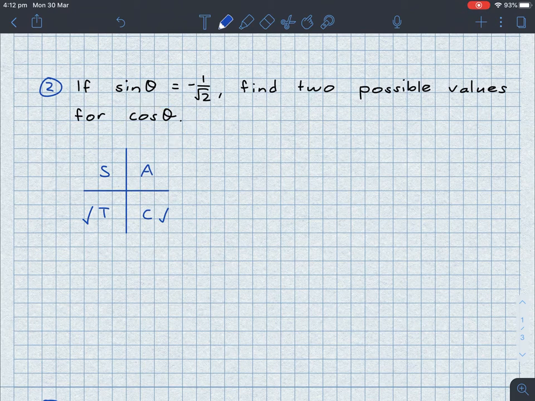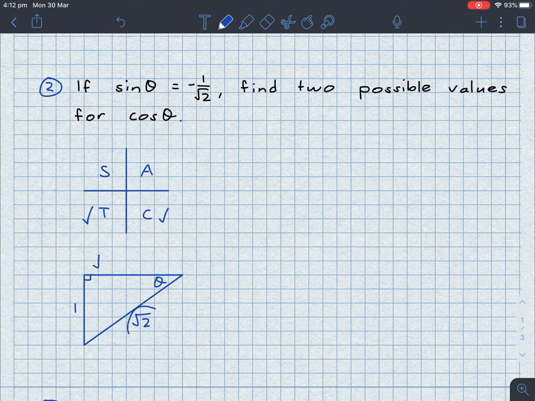To find the actual number, again, I'm going to draw a right-angled triangle. We'll draw it as though we're in the third quadrant, even though it won't really matter. We have a right angle, I'll put theta there. Again, it doesn't really matter where you put theta, we're just setting this up so that we can use Pythagoras. Then sine is opposite on hypotenuse, so on the opposite side I'll put 1, on the hypotenuse I'll put root 2. And then I can use Pythagoras.